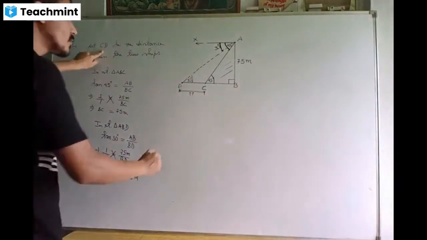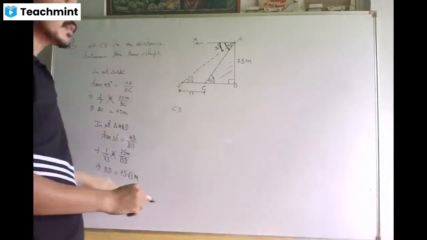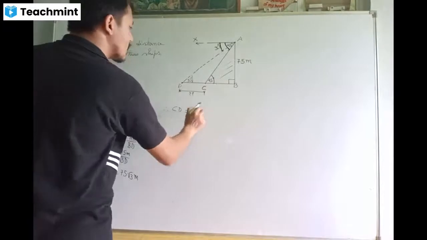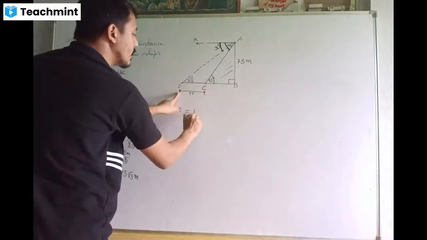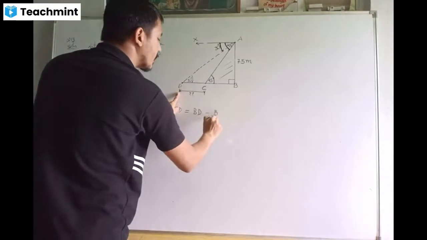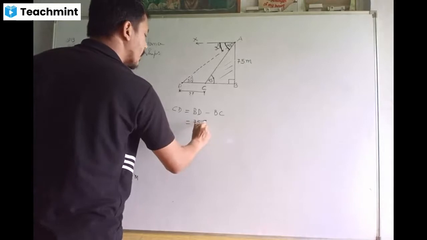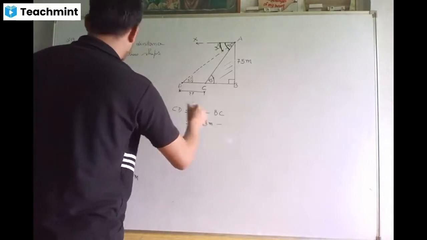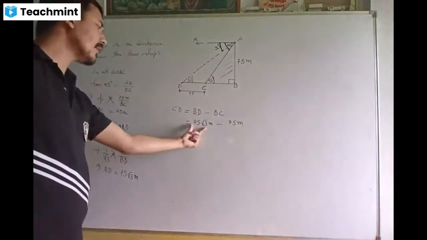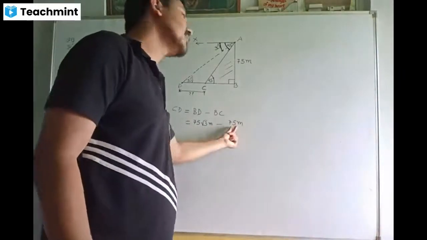Our objective is to find out CD, that's our objective, which represents the distance between the ships. So CD means from BD we subtract BC. Your BD is 75 square root of 3 meters. Your BC is 75 meters. 75 times root 3 is an irrational number, whereas this 75 is a rational number.